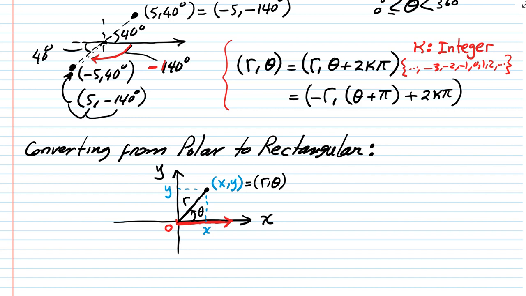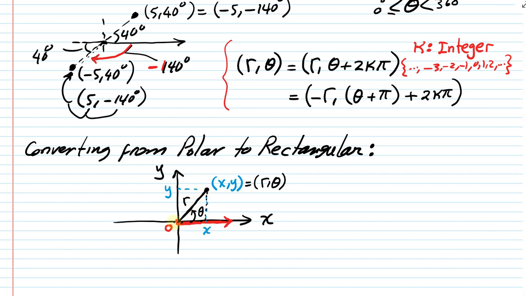Now, the specifics of it. We want to go from polar to rectangular, right? So for polar, that means you're given r theta, and you want to find x and y. So how are we going to do this? Well, think in terms of the right triangle here, with O, call it P, and this right triangle.